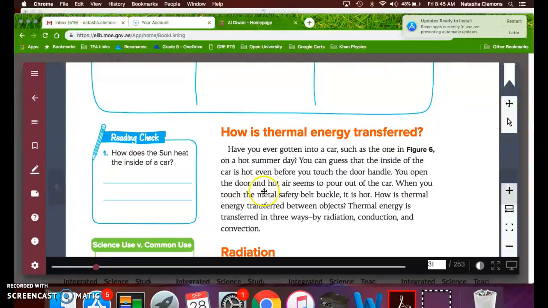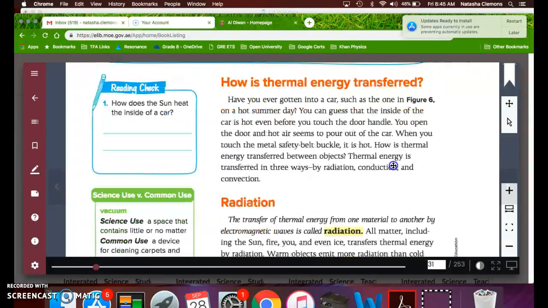You open the door and hot air seems to pour out of the car. When you touch the material, the metal safety belt buckle, it is hot. How is thermal energy transferred between objects? Thermal energy is transferred in 3 ways: by radiation, conduction, and convection.